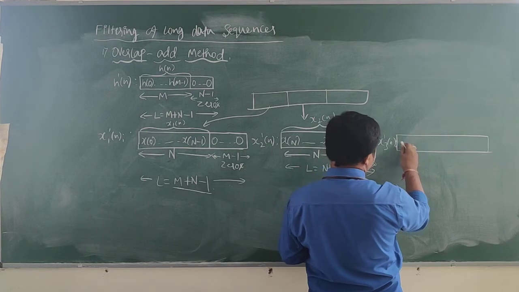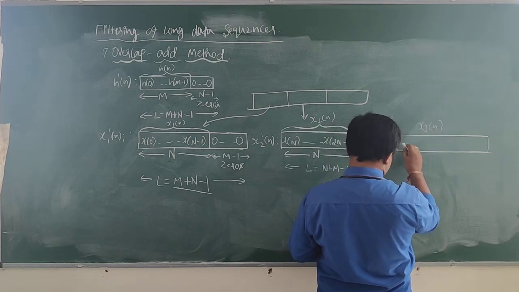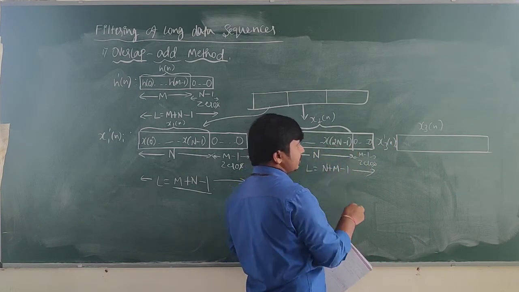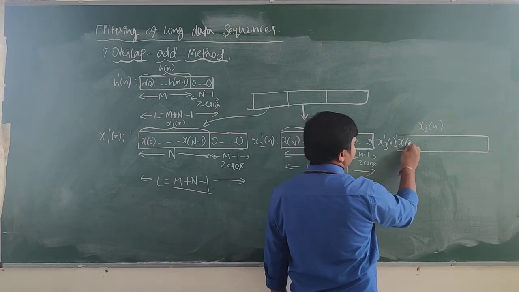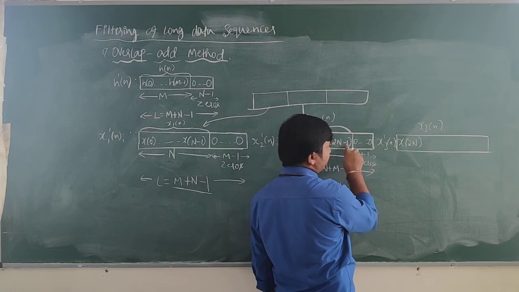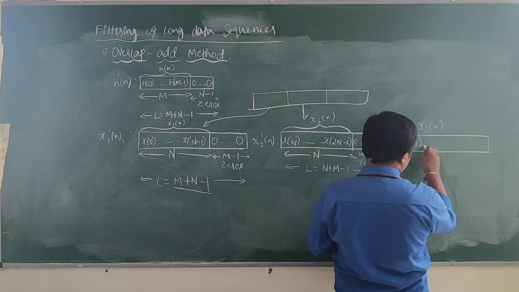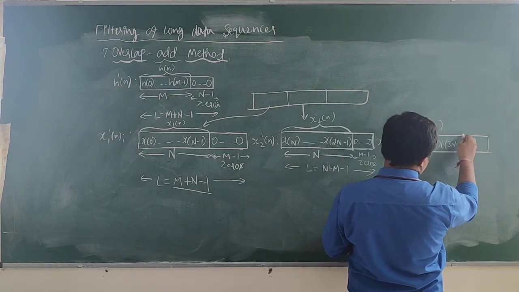The next signal will start from x of 2n, since next to x of 2n minus 1 is x of 2n, and it will stop at x of 3n minus 1.